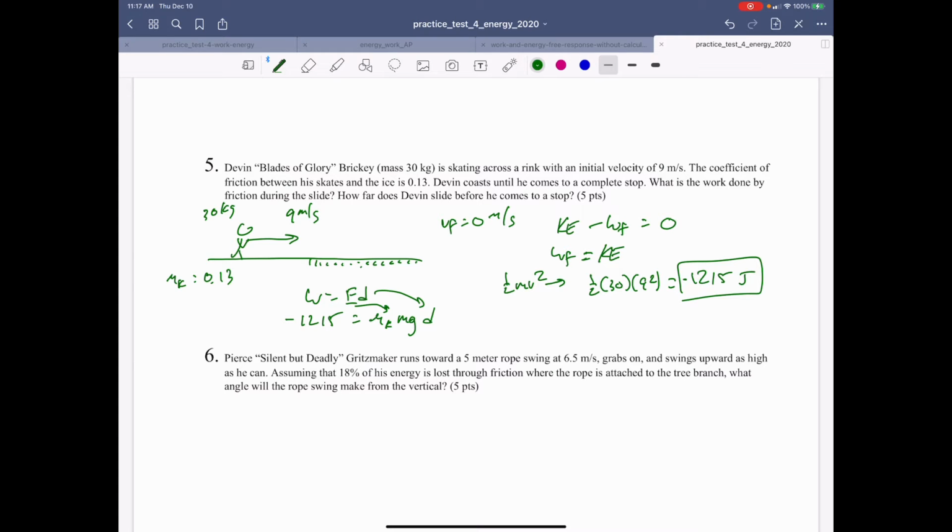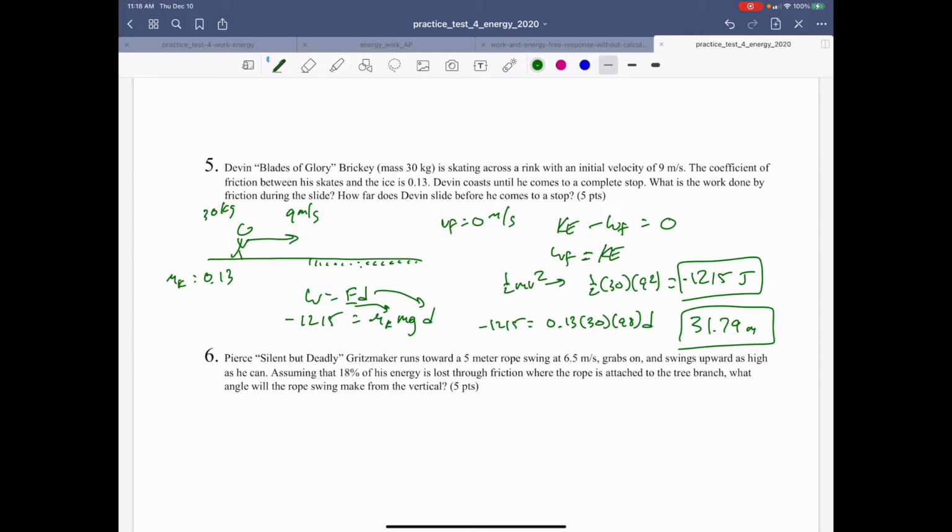So negative 1215 equals 0.13 times 30 times 9.8 times d. And now we just solve for d. It's going to be 31.79. So 31.79 meters. Okay.